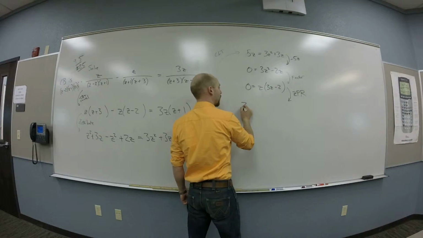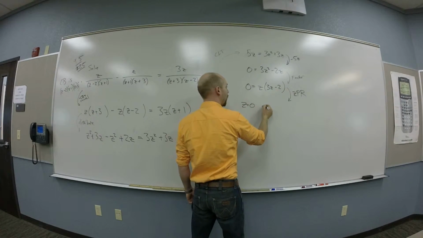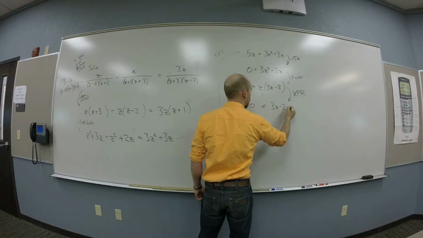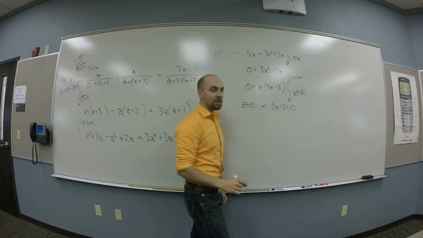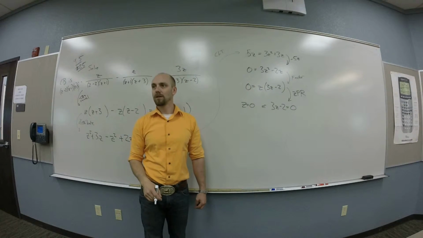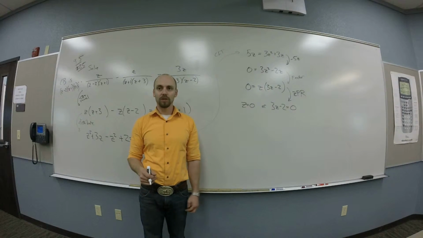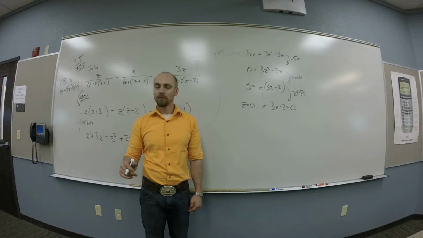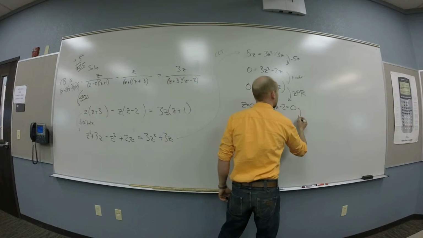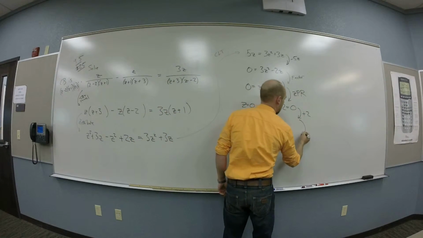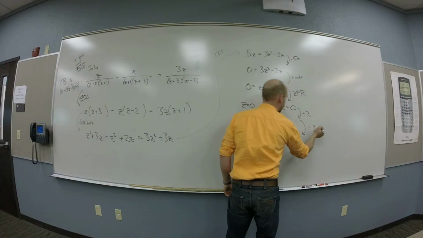So if we apply the zero product rule, we're going to get z is 0 or 3z minus 2 is 0. z is 0 seems pretty straightforward, right? How about this 3z minus 2 is 0? What do I do with that? You'd add 2 to both sides and then divide by 3. Perfect. Add 2 and then divide by 3.